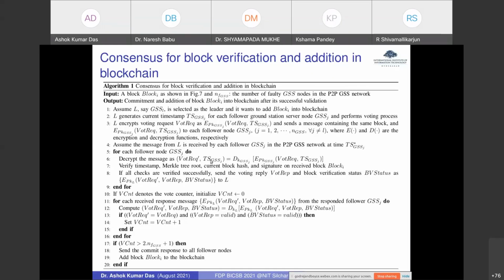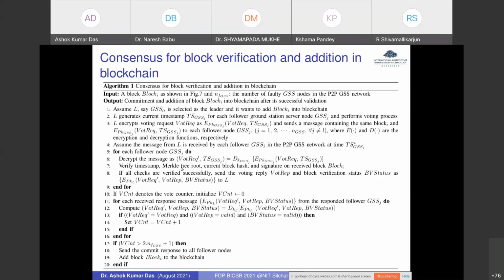Once it has the timestamp, it will verify it by checking whether the difference between this timestamp and the current timestamp is less than some maximum allowable delay or not.